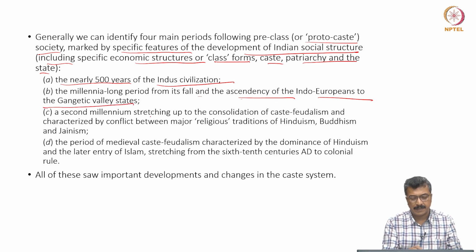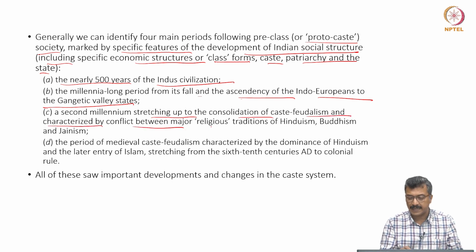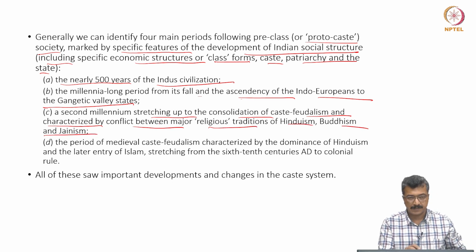Third, a second millennium stretching up to the consolidation of caste feudalism and characterized by the conflict between major religious traditions of Hinduism, Buddhism, and Jainism.